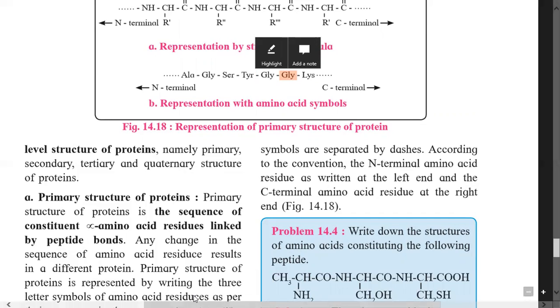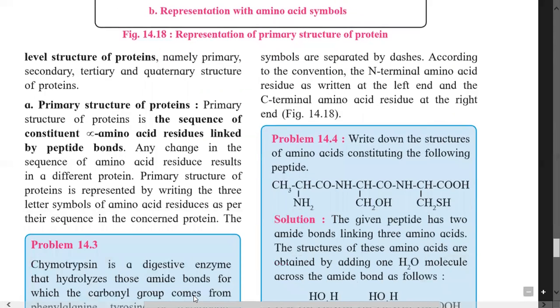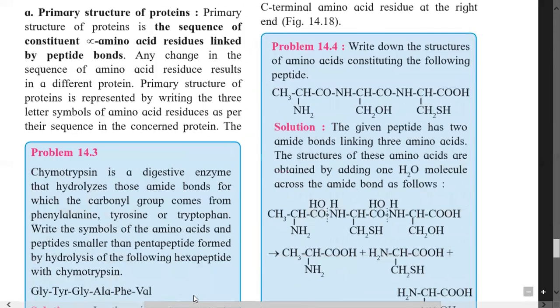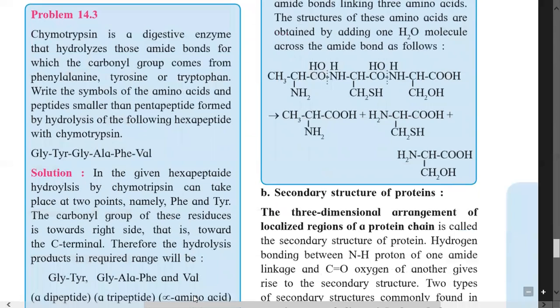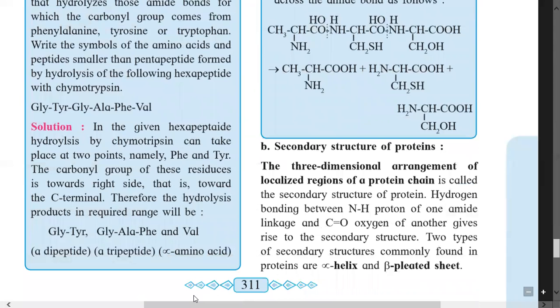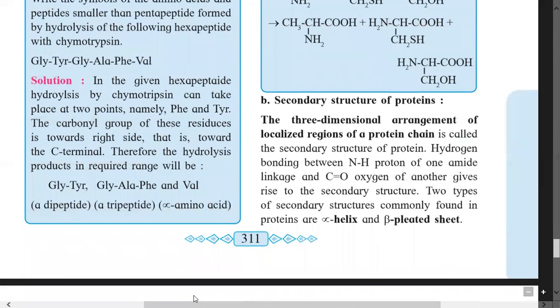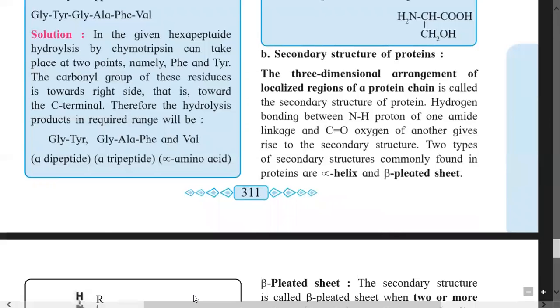Alanine is the N-terminal and lysine is the C-terminal. So this is represented with amino acid symbols. That is about the N-terminal and the C-terminal in the protein, and that explains the sequence of alpha amino acids in the given protein, and this structure is called the primary structure of protein.